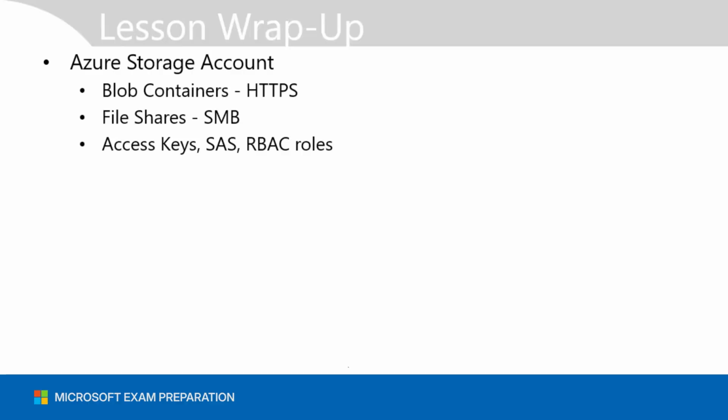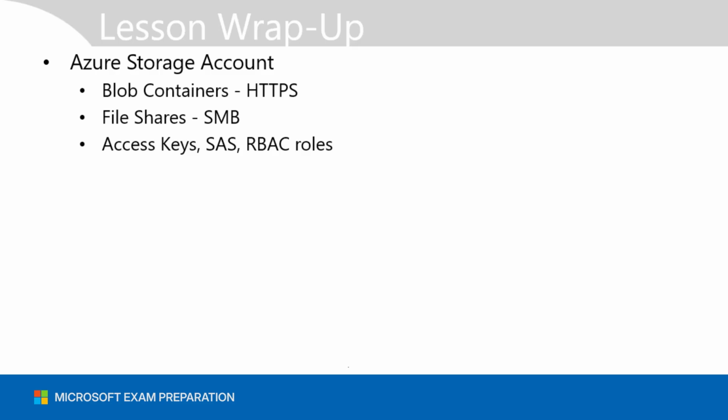So in this lesson, we've talked about Azure storage accounts. We discussed blob containers that are accessed over HTTPS, often used with web applications. We talked about file shares. These are accessed over SMB and often map drive letters for users that might be using desktop clients.